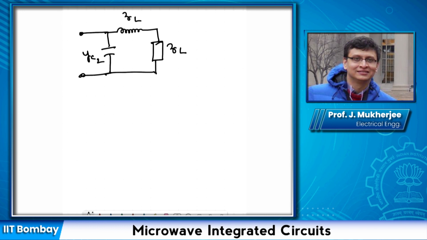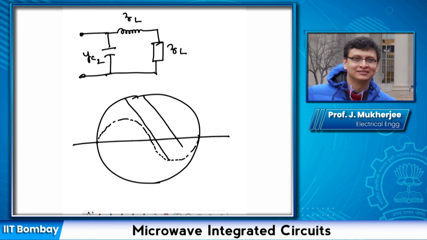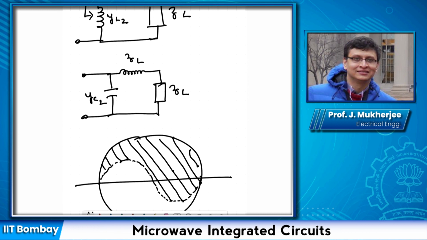Then what you will observe is that if we have a Smith chart, then this region is what is known as the forbidden region, because if you have any ZL within this region, then that cannot be matched using either of these two circuits.